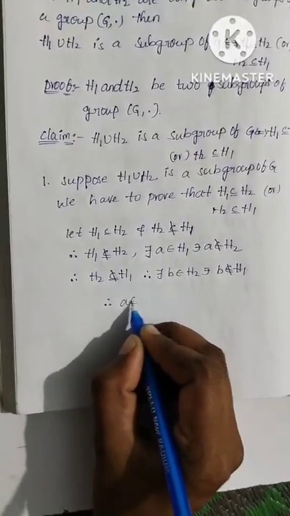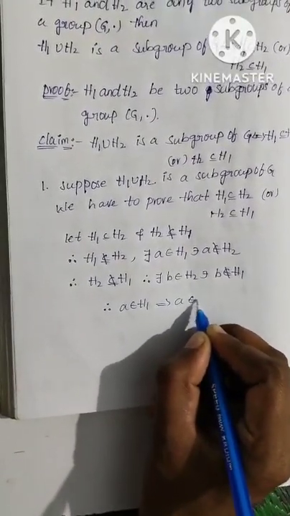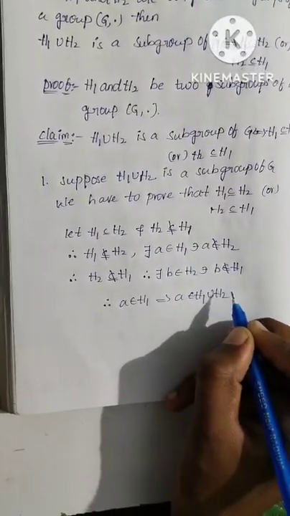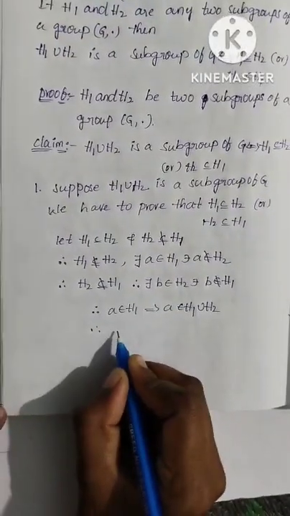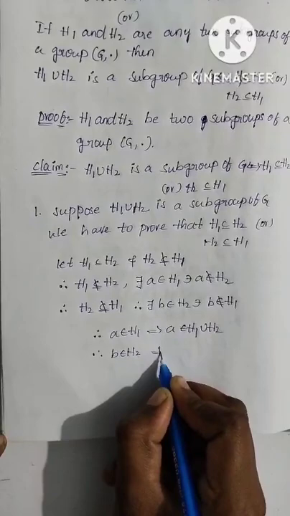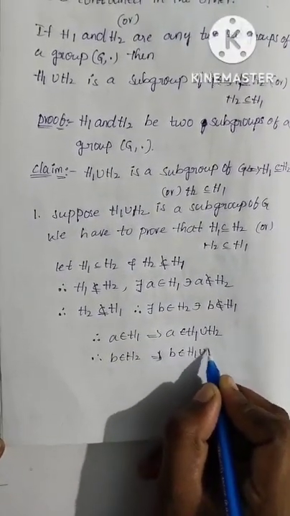Therefore, A belongs to H1, so A belongs to H1 union H2. B belongs to H2, so B belongs to H1 union H2.